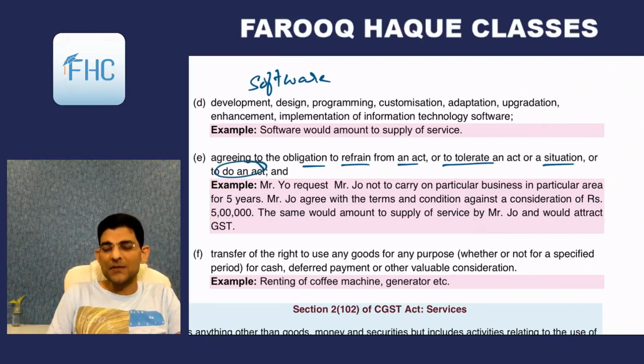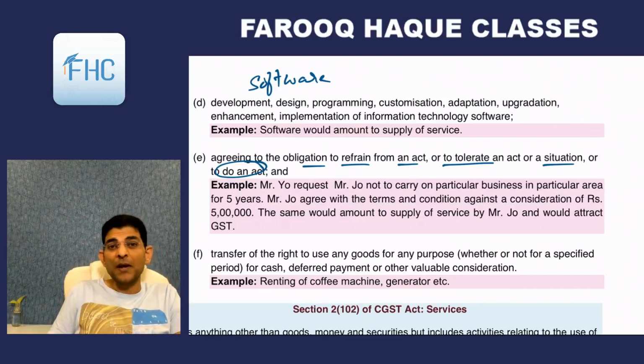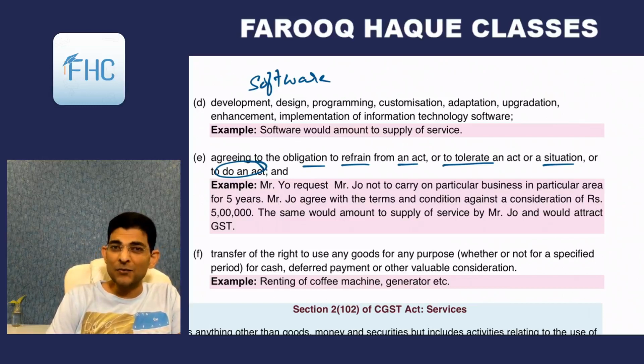This is the same thing we have discussed earlier also. Refrain from an act. I gave you a lot of examples, that I take money from you for not teaching one batch or two batches just because your wife has started teaching, so you pay me money not to take a batch so that she gets students, right? So the money that you pay me will be called supply of service.